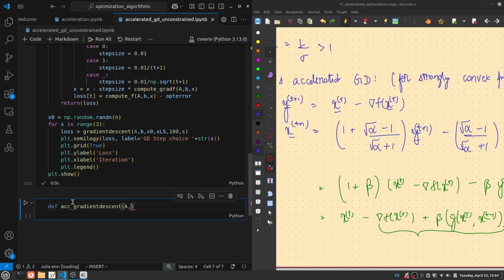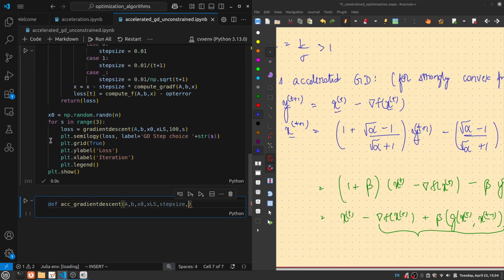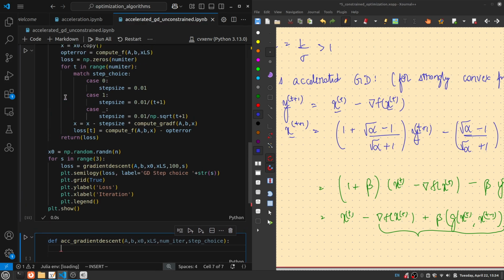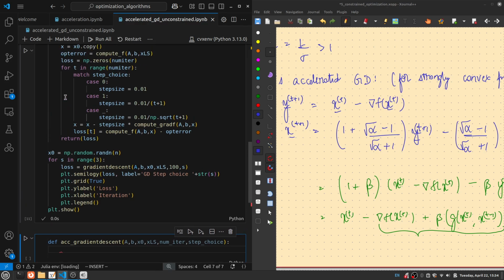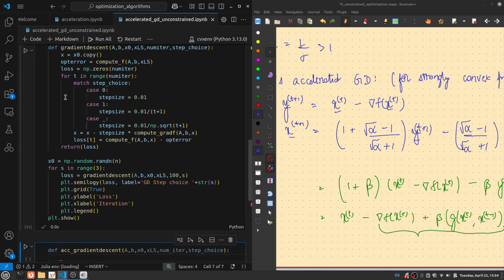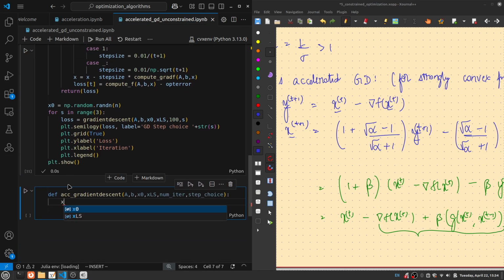Accelerated gradient descent, with arguments A, B, x naught, XLS, step size. Again, I choose an arbitrary x naught.